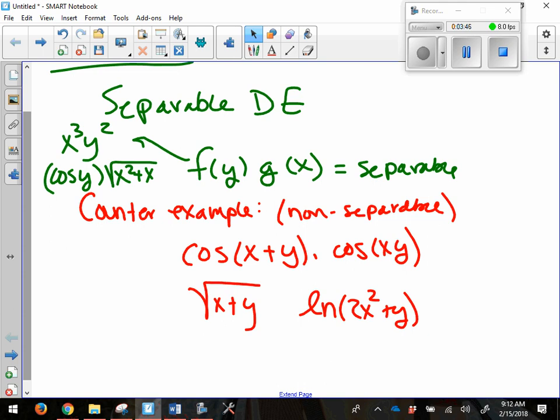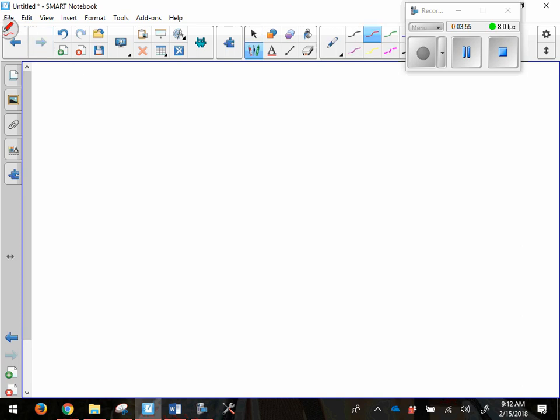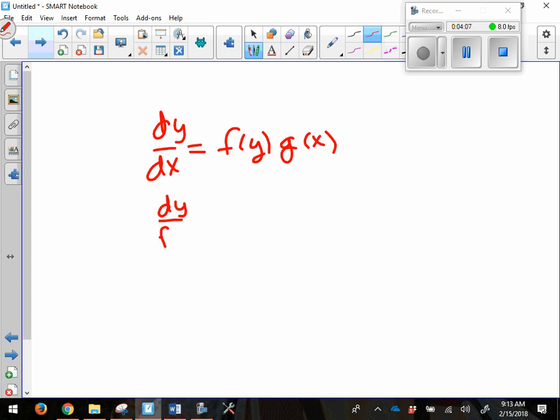Okay. And so separable differential equations are a whole category of problems. And so it's really easy to solve them because I just say that dy dx is equal to f of y times g of x, or whatever. And I put all my y's on one side and all my x's on the other, including the differentials.